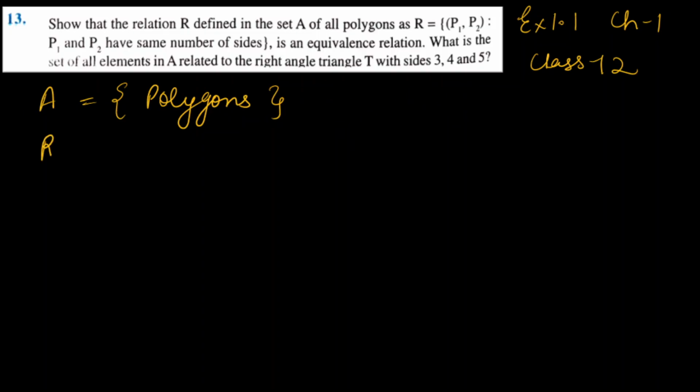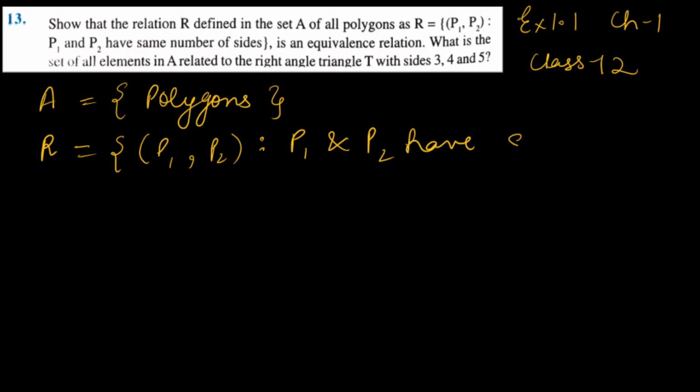Then the relation is defined as R equals (P1, P2), where P1 and P2 are two polygons and P1 and P2 have the same number of sides. So these are the given things.